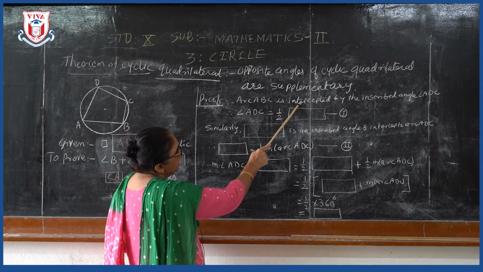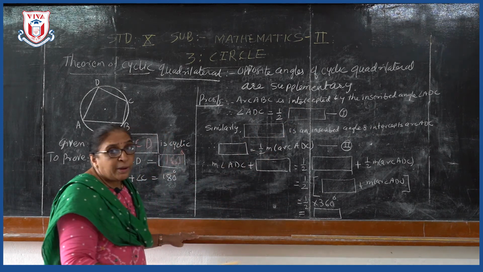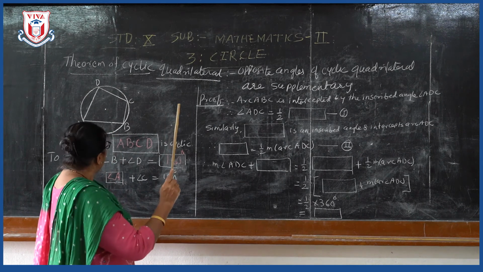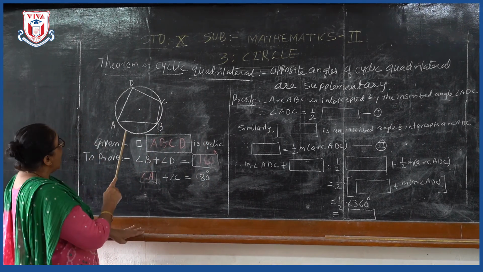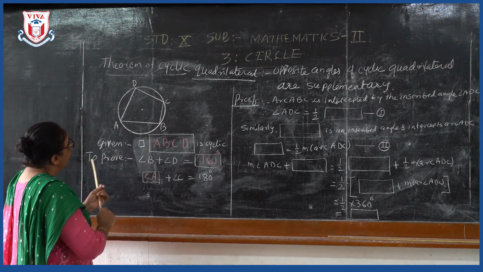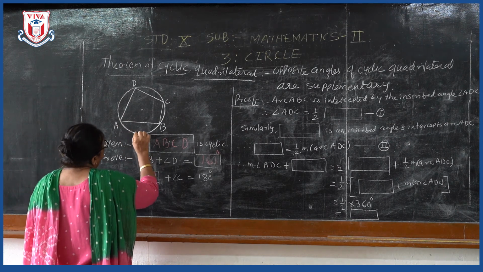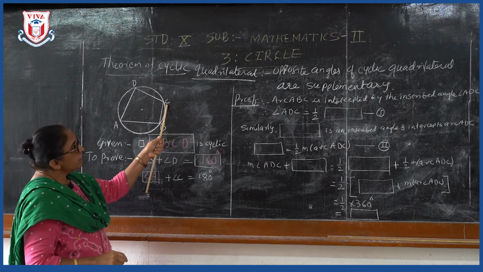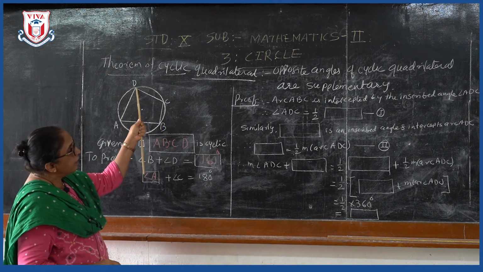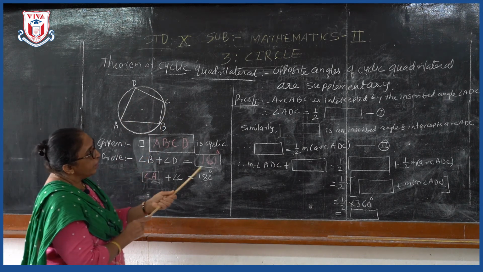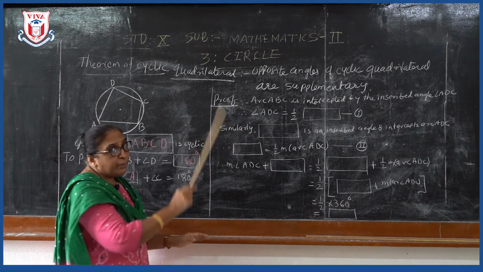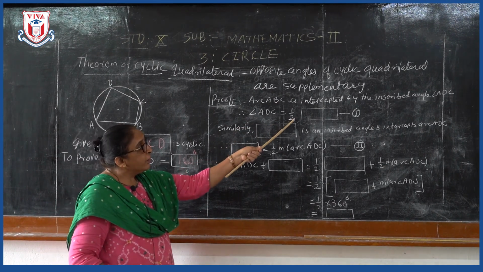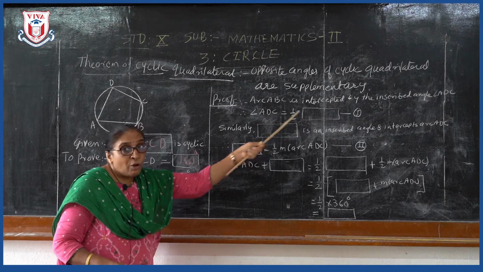Arc ABC is intercepted by the inscribed angle ADC. See in this figure, arc ABC means from A to C. This is intercepted by inscribed angle ADC, and therefore angle ADC will be half of the what?